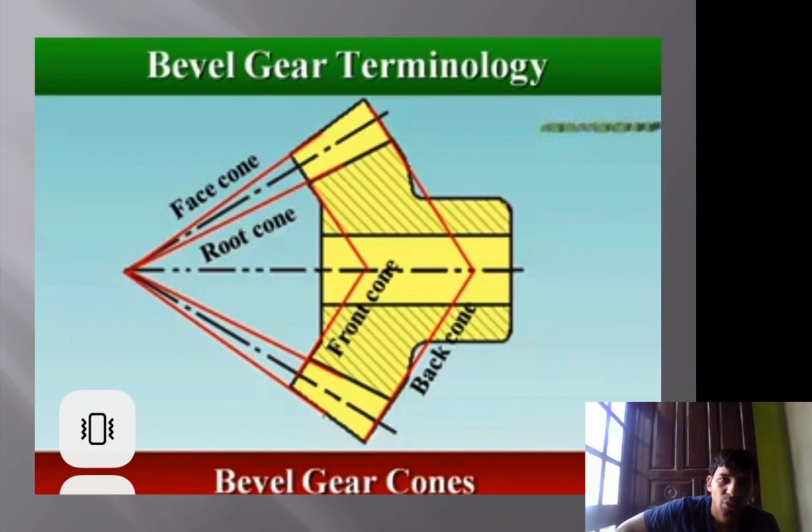Similarly, root cone is the cone made by the root of the tooth with the axis of the shaft, and the front cone is the cone made by the front of the teeth with the axis. The back cone is the cone made by the back of the bevel gear with the axis.